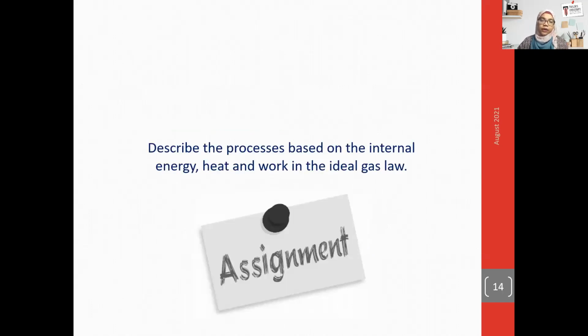Okay, this is your assignment. I hope it is not too early for me to give the attendance proof. Your task is to describe the processes: isochoric, isothermal, adiabatic, based on the internal energy, U, heat, and also what is the difference between each process.